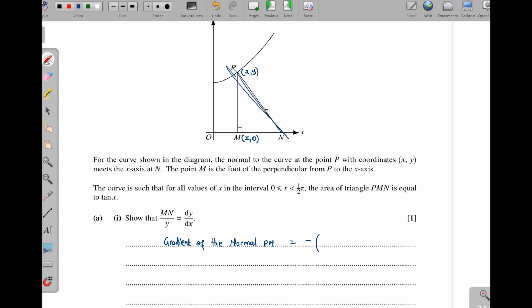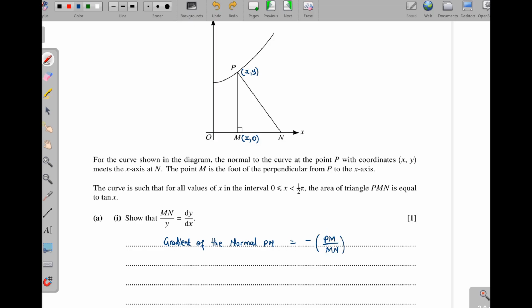All lines that are coming like this have negative gradient. So negative of this PM, out of this MN, which is change in y over change in x.